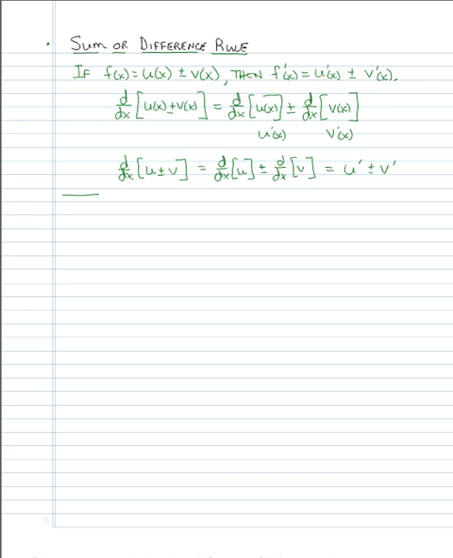Well, let's look at our first example. How in the world would this apply? The example here is we're given that f of x is the function 3x squared plus 5. We're to find f prime of x, the derivative.